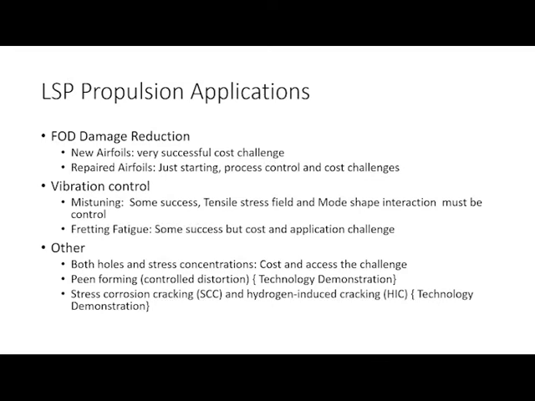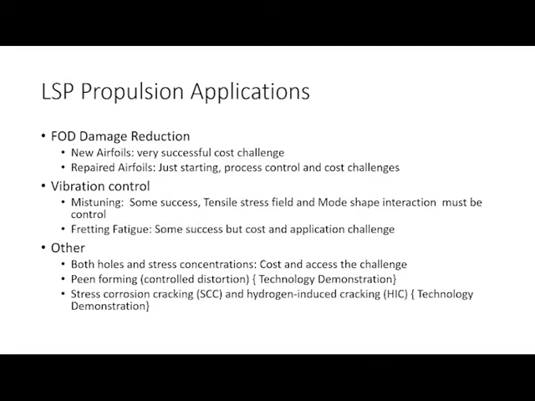And then just the other ones that we've looked at that haven't really been used at all, but are out there on the technology side. That would be bolt holes and stress concentration designs, or peen forming.